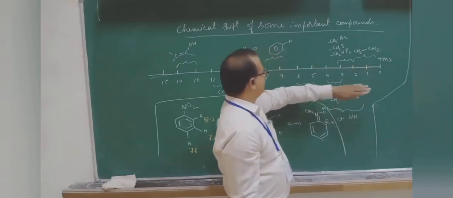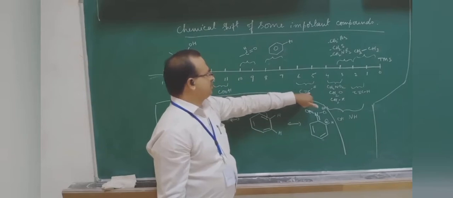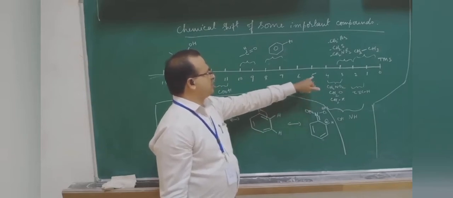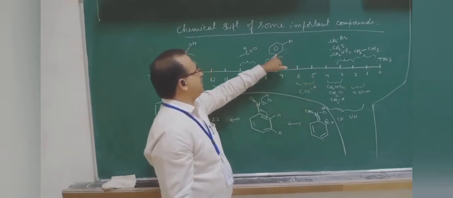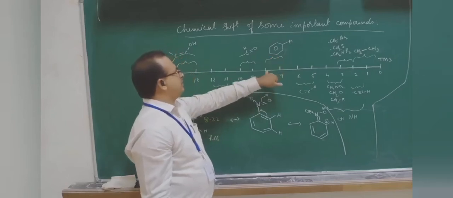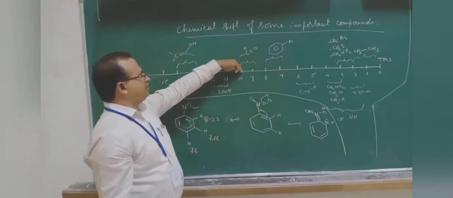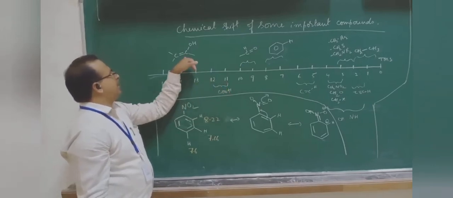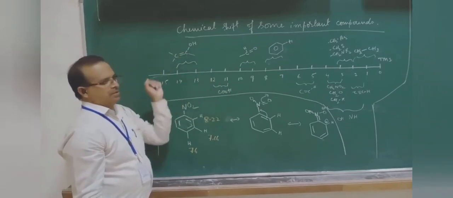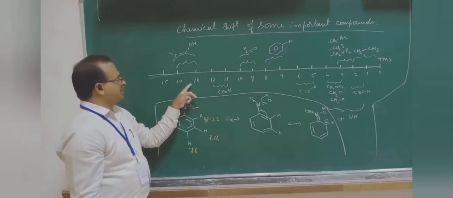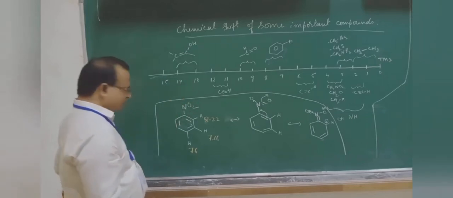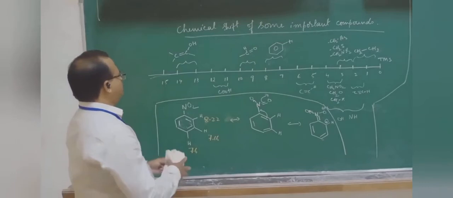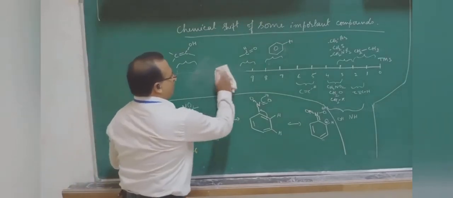Olefinic protons are in the range 5 to 6 delta, aromatic protons around 7 to 8 delta, aldehyde protons about 9 to 10 delta, carboxylic acid protons 11 to 12 delta, and enolic protons at a highly deshielded position, about 13 to 14 delta.